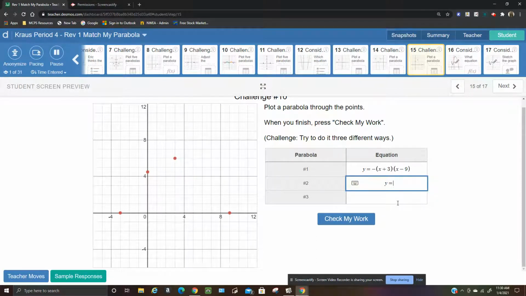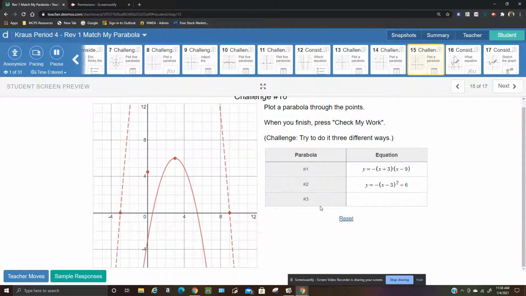So let me try the second way next before I find out. So negative x minus 3 quantity squared plus 6. All right, so that's going through the vertex, and these are going through the right points here, but let me check this here.